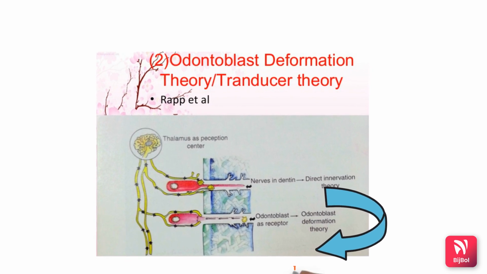But this also has some drawbacks, such as the odontoblastic membrane potential is too low to permit transduction. Another valid finding is that no demonstrable neurotransmitters like acetylcholine occur in the neural transmission of the pulp. So that's the reason it is no longer valid.